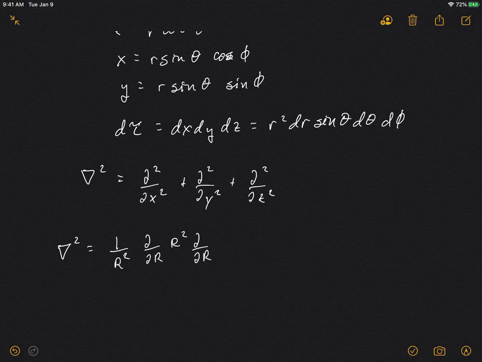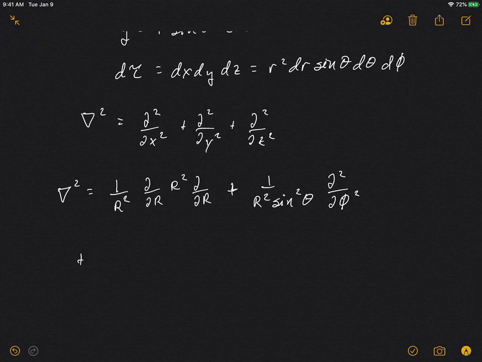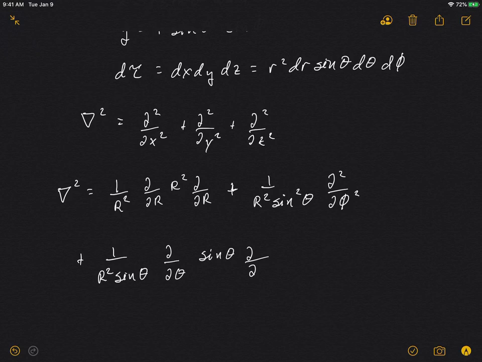Okay, and that's one term. That's the radial term, and we get 1 over r squared sine squared theta d squared d phi squared plus 1 over r squared sine theta d d theta sine theta d d theta.